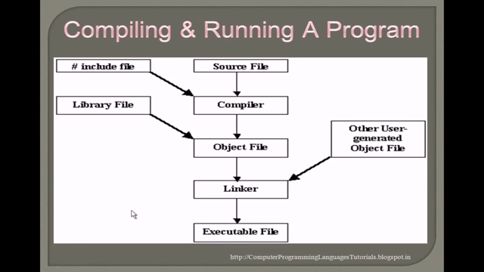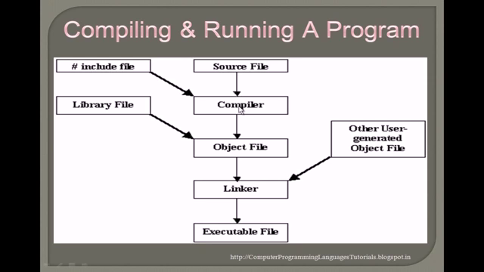Here is the important part. If you run your program, you will immediately get the output. But you must know, whenever you see your output, your program has passed through different stages. What are these stages? Let us look at the screen. Whenever you type or create your program, this program is stored in the computer with the extension .c, and this .c file is known as a source file.